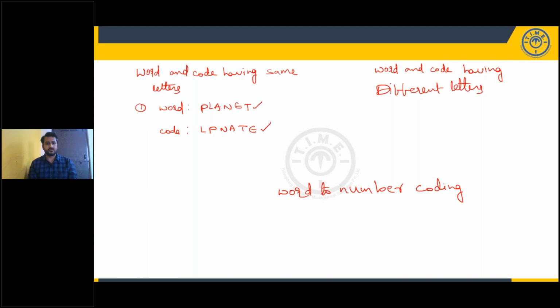When the letters in the word PLANET and the letters in the code LPNATE are the same, it comes under model 1. Model 1 is nothing but a rearrangement process.